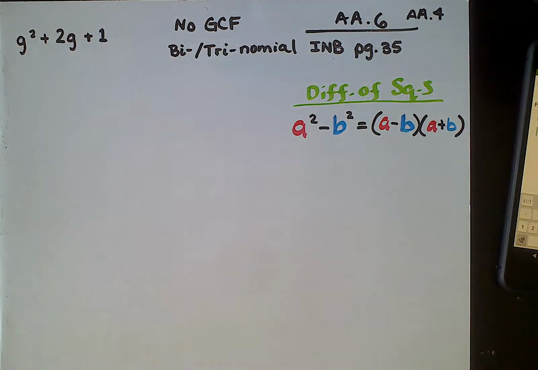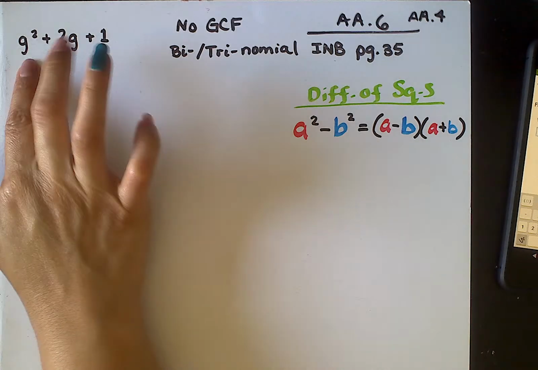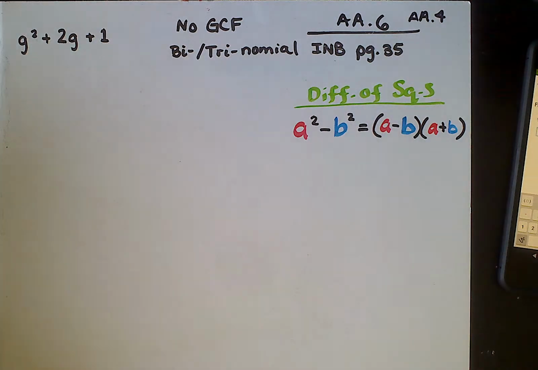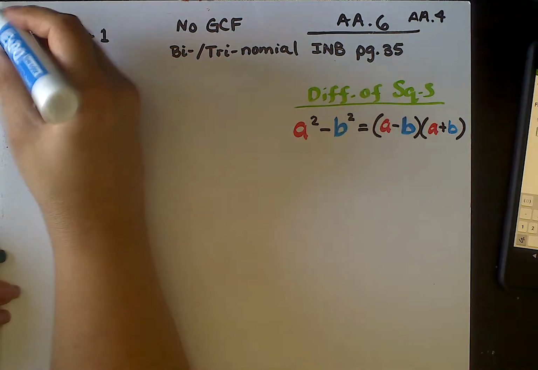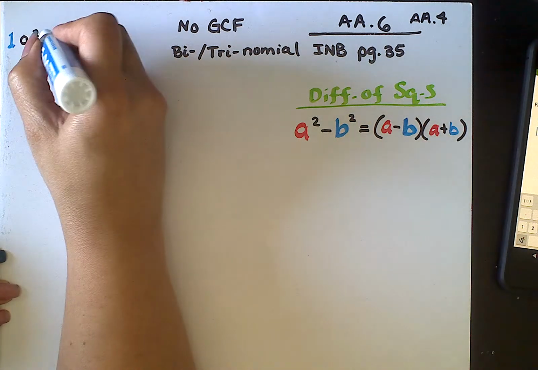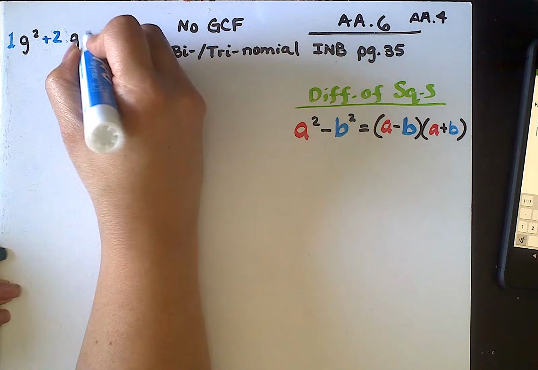Now, taking a look at your terms, I do not notice a GCF, but I do notice that it's a 1, 2, 3 trinomial. Now, because it's a trinomial, I want to then recognize my A, B, and C. My A would be 1, my B would be 2, and my C would be 1.